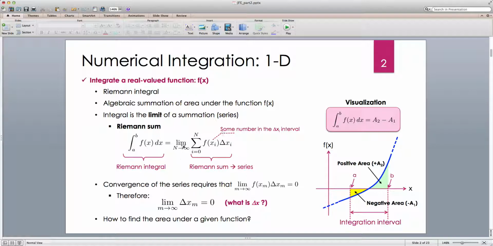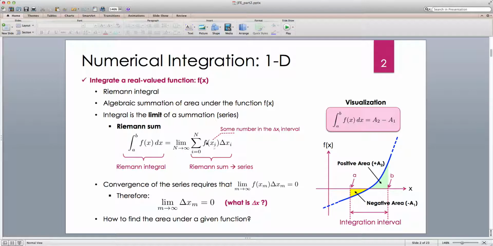So if this series has a limit, or basically if this series converges, we say that f of x is Riemann integrable. There are other definitions of integrability, but here we're just looking at Riemann integrability.